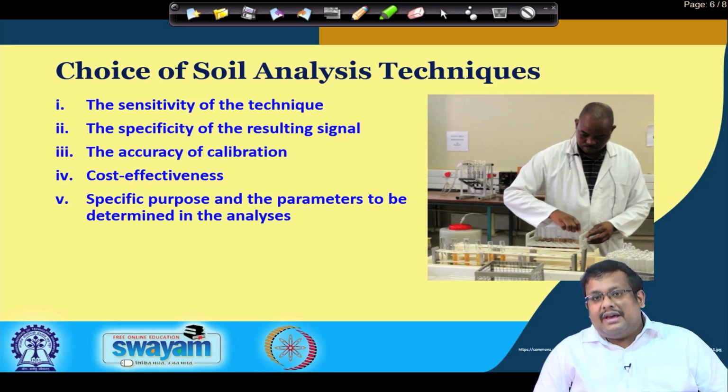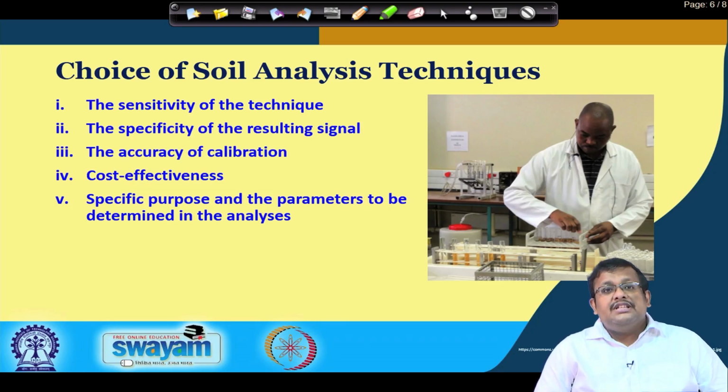Soil has different parameters. For example, we can measure soil pH, soil electrical conductivity, different nutrient content, different heavy metals, different organic pollutants also. So, depending on different pollutants, we have to consider certain key points before selecting the most feasible technology.